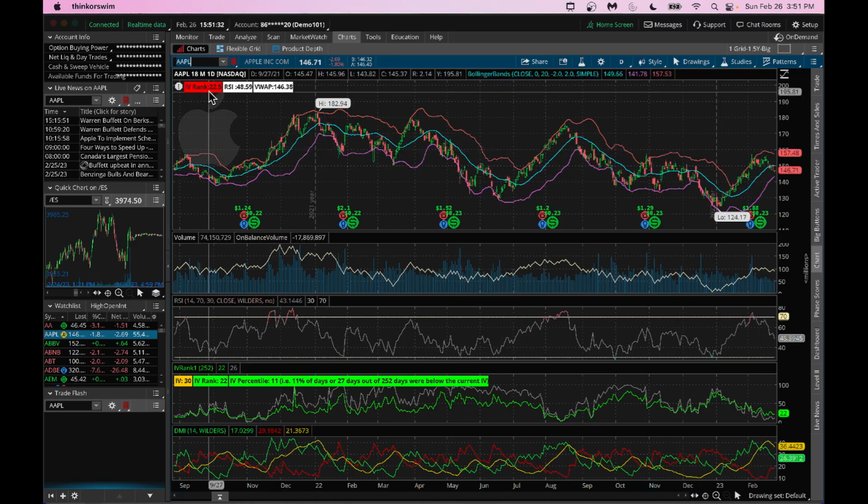IV rank is 22 and IV percentile is 30 here, which is not high, but earnings is over. You do not have an elevated IV rank at this time, which is okay. These stable stocks, don't worry too much here. Apple is Apple. So right now earnings risk is all done. They had earnings a while ago.